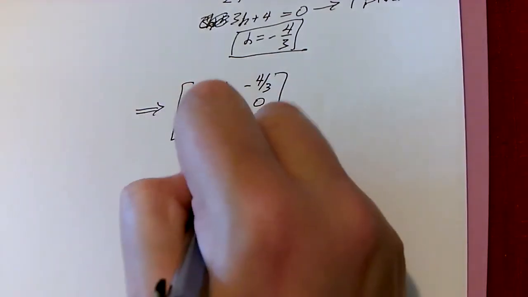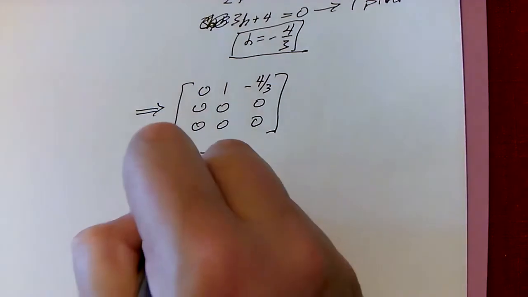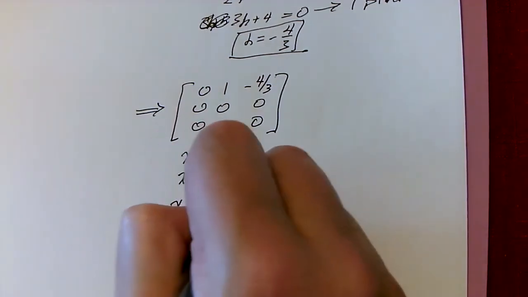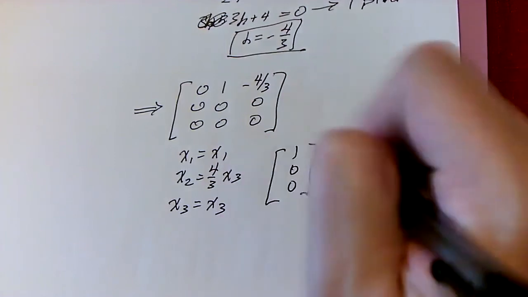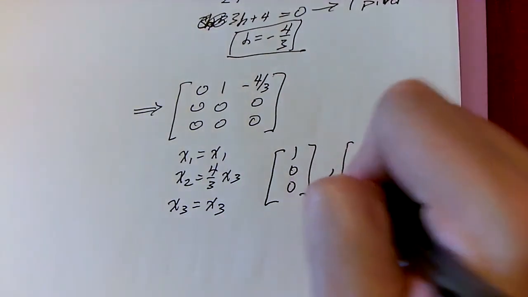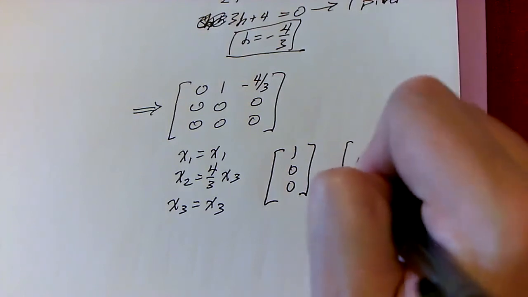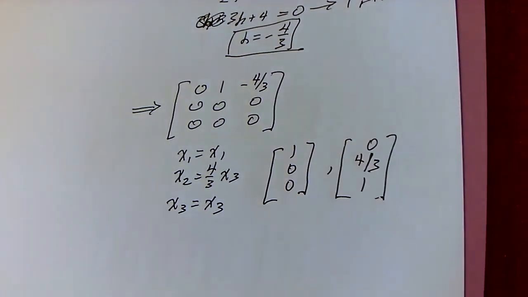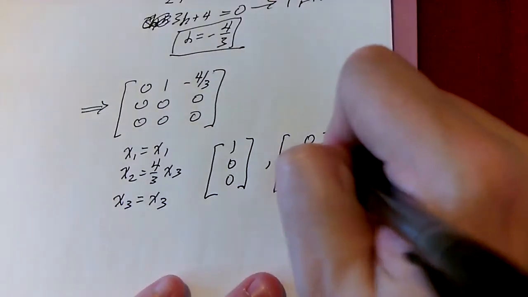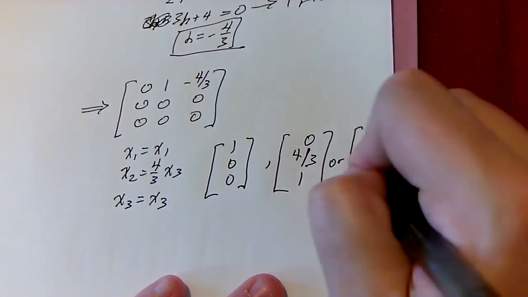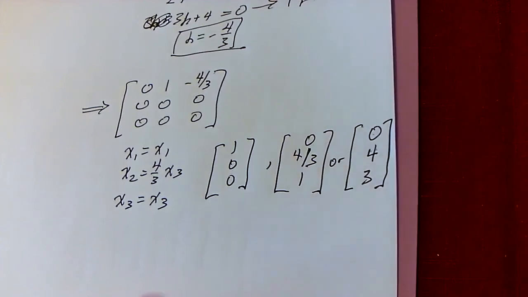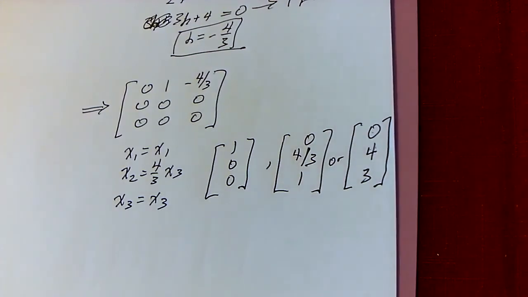X2 would be equal to 4/3 X3, and X3 would be a free variable, which would give me vectors 1, 0, 0, and then the other vector would be 0, 4/3, 1. And again, we might write this vector as 0, 4, 3, multiplying everything by 3 to get rid of the fraction.